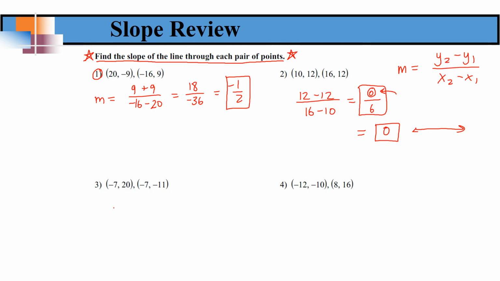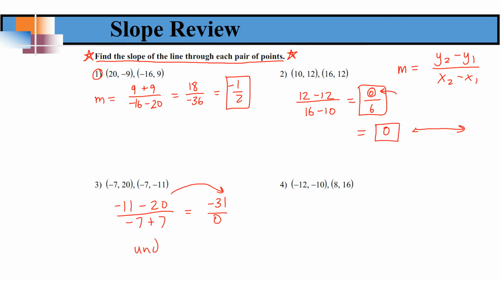All right, now let's try number 3. We'll use the same formula. y2 is negative 11 minus y1, which is 20, over negative 7 plus 7. You can see we're going to end up with 0 in the denominator. Let's go ahead and figure out what's in the numerator, though. We get negative 31. But negative 31 over 0, while that shows correct work in getting here, is not your final answer.